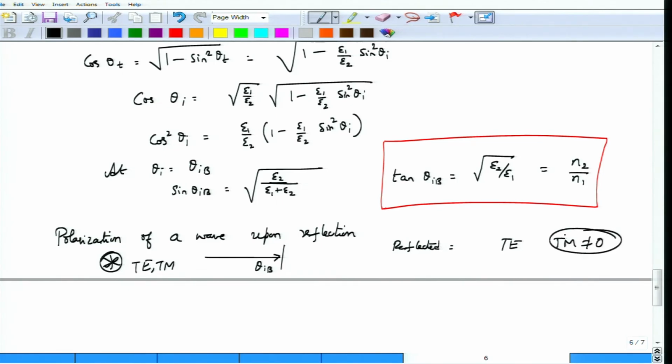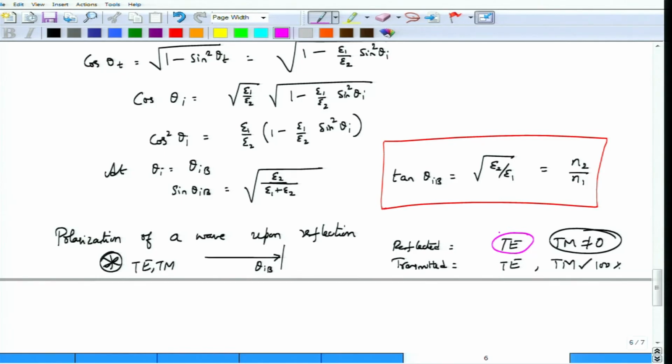There is no TM wave because for the case of incidence at the Brewster angle, the entire TM wave gets transmitted. Therefore, if you look at the transmitted wave, it will be some portion TE as well as a complete portion of TM. So, 100% TM is transmitted, whereas the reflected wave is only transverse electric.